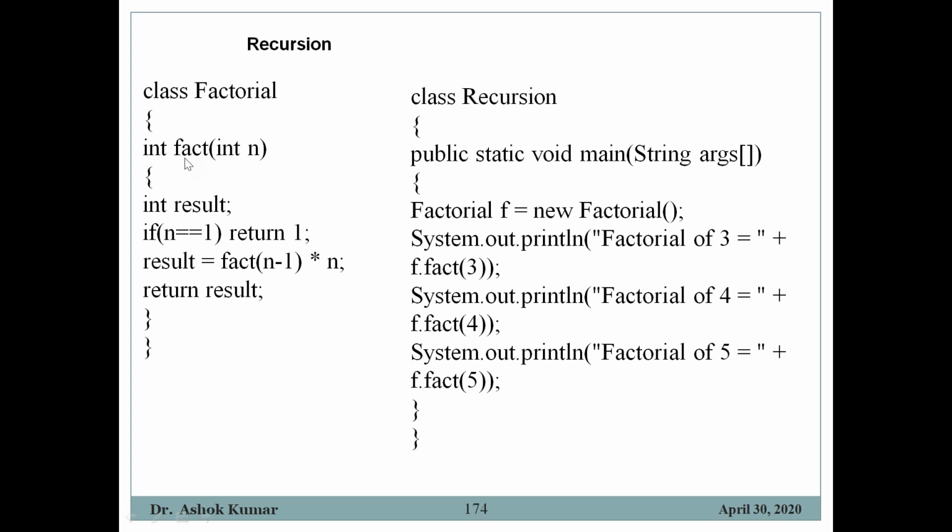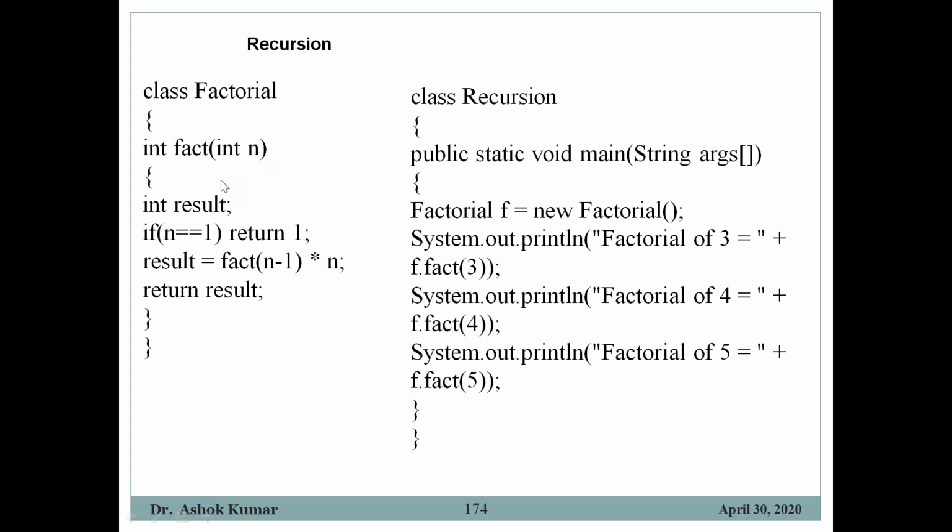The method name is fact. This method's return type is integer, and it receives one argument because we want to find the factorial of a number. So you have to pass the number whose factorial you want to find to this function as a parameter.